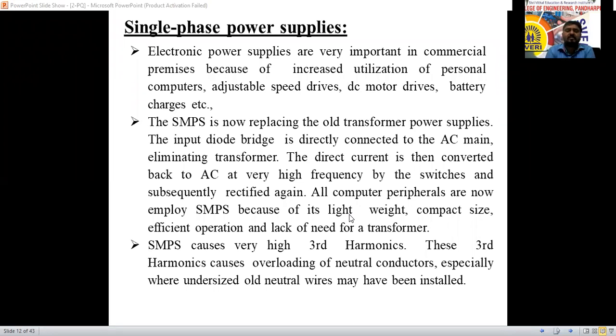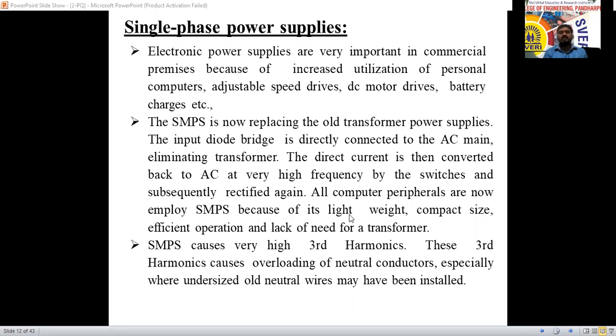The size of the SMPS is very small, and the weight is also low, so you can lift the CPU easily and take it from one place to another for installation. It will not consume more space, and working area increases.